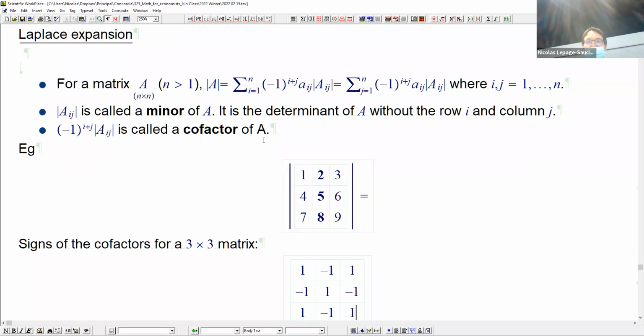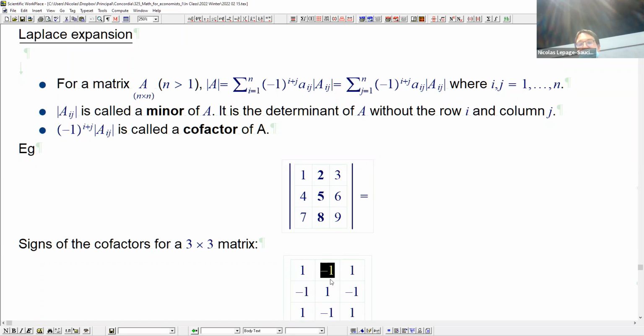If you look, for instance, at row 1, column 1, I have as a sign -1 to the exponent 1 plus 1, so exponent 2, which gives me 1. But in the second column, first row, 1 plus 2 gives me 3, so -1 to the exponent 3 gives me -1.